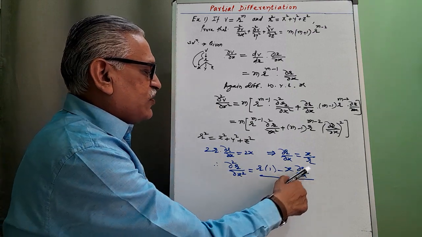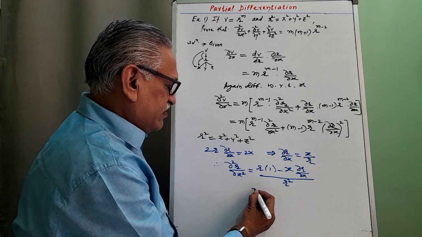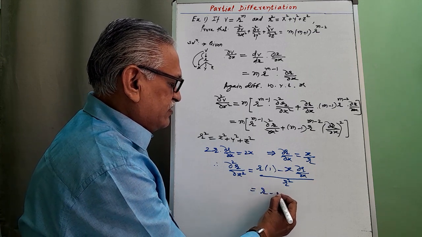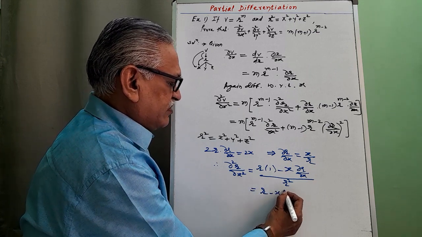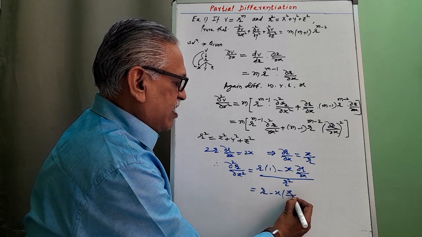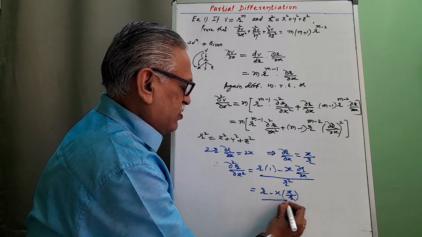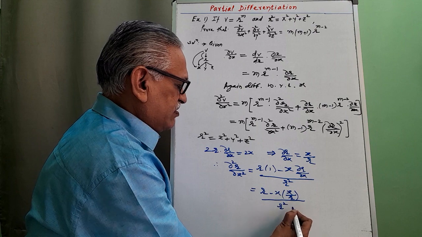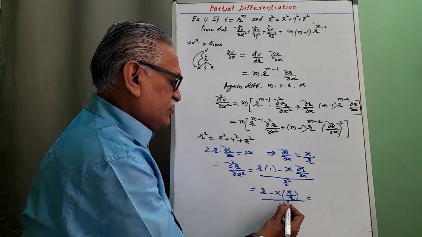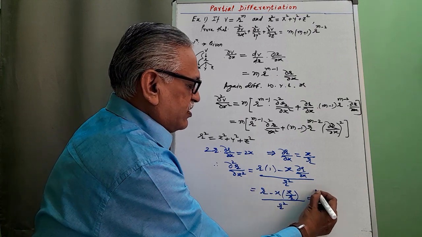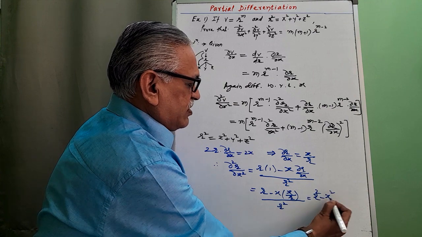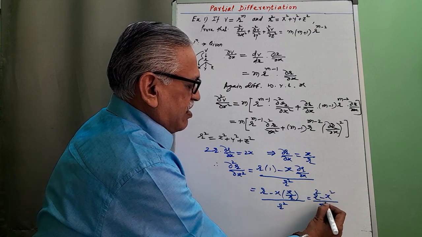Substitute the value of dou r by dou x as x by r, we get r minus x into x by r and whole divided by r square. It is equal to, cross multiplying it, we get r square minus x square divided by r cube.